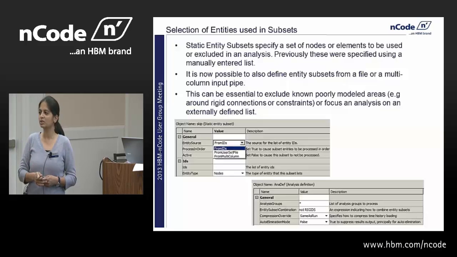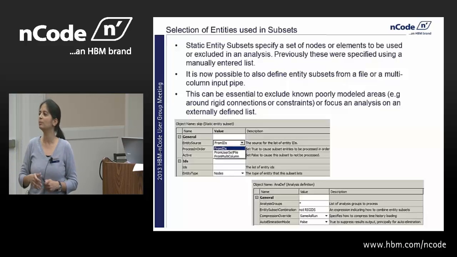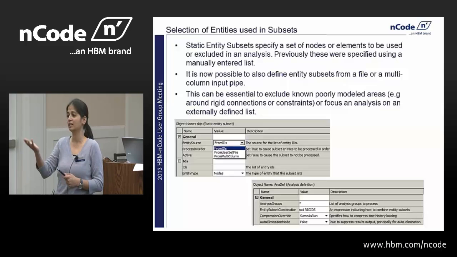Now, John talked about what's new in version 9, which is another way to use static entity subsets: to make a group that you want to include or exclude from the analysis. A typical use case would be where you have a boundary condition.